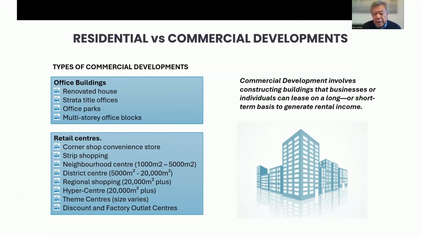When it comes to shopping centers, there are various sizes. A neighborhood shopping center is anything between 1,000 square meters to 5,000 square meters. And you have a district center, which is 5,000 to 20,000 square meters, and a regional shopping center from 20,000 plus. Then you have hypercenters. These are real bulky stores, which is about 20,000 square meters plus.